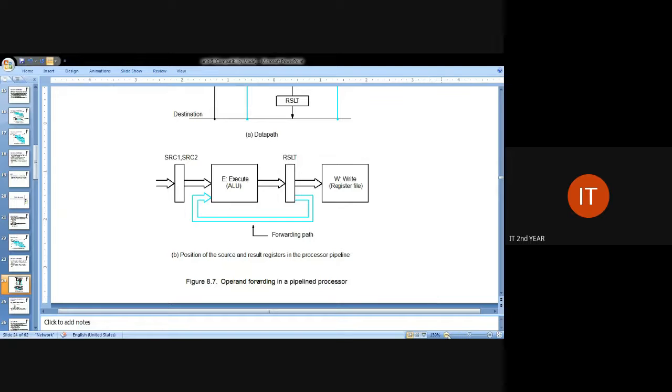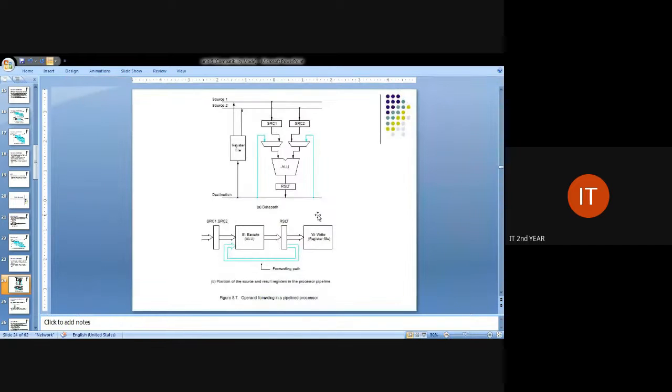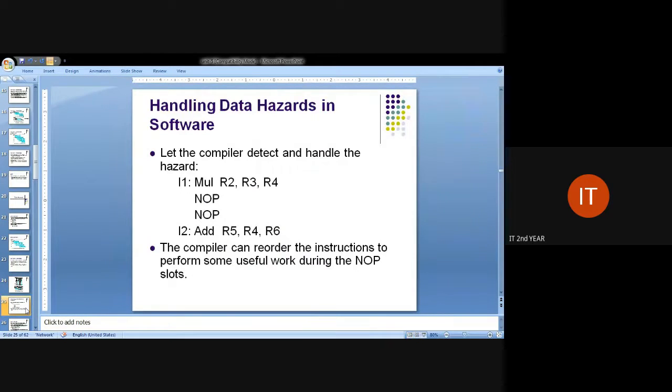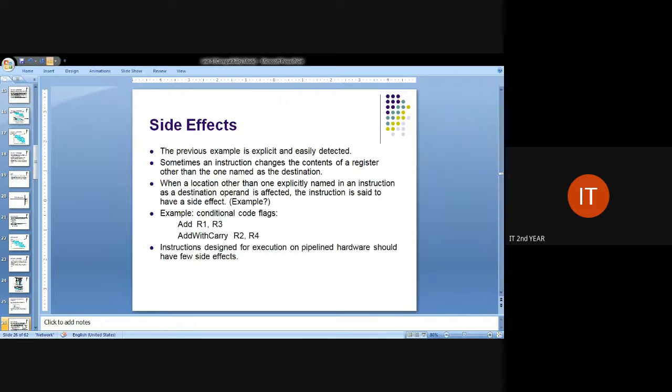So we can say that operand forwarding is the best technique to handle data hazard. Though there are some important aspects involved in operand forwarding techniques, there will be a set of side effects too.